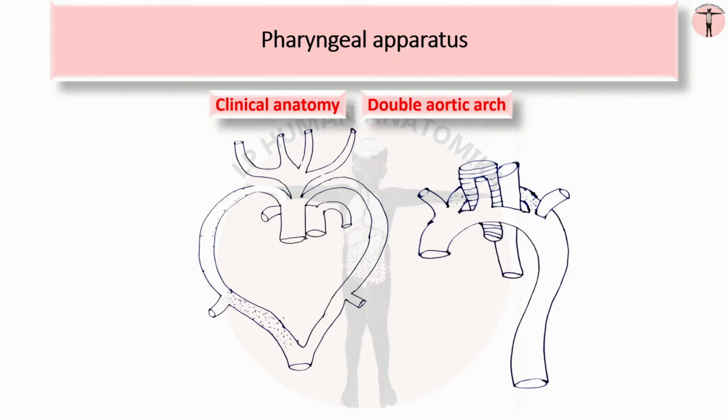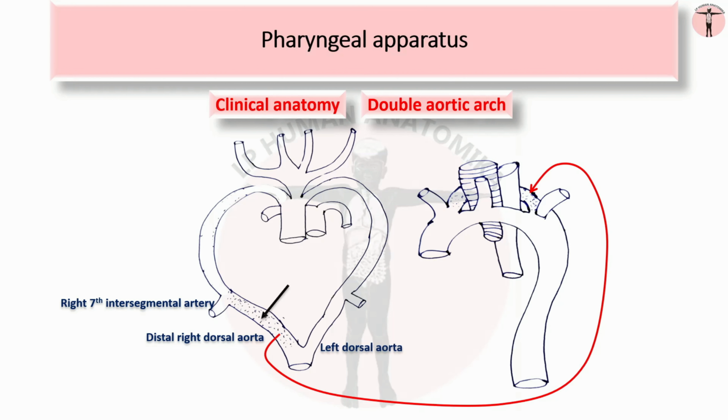In the case of the abnormal development, the distal part of the dorsal aorta persists between the origin of the right 7th intersegmental artery and its junction with the left dorsal aorta, giving rise to the right aortic arch.